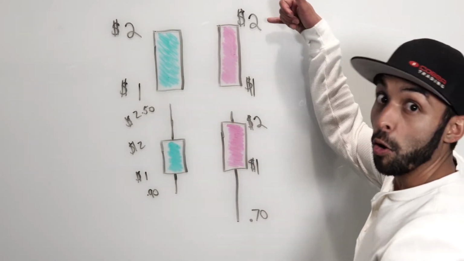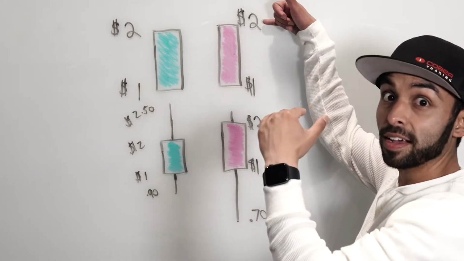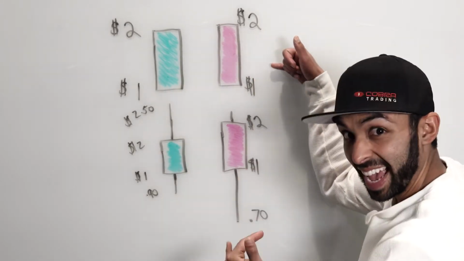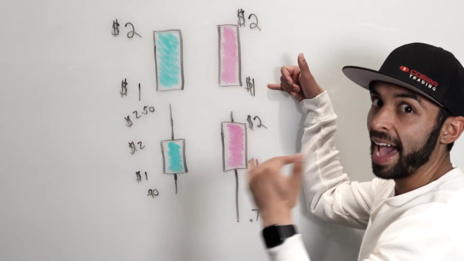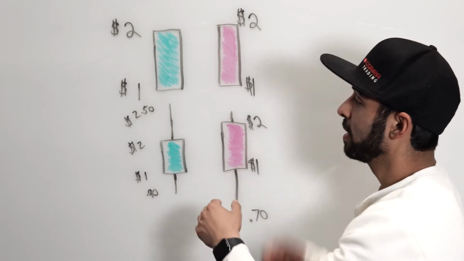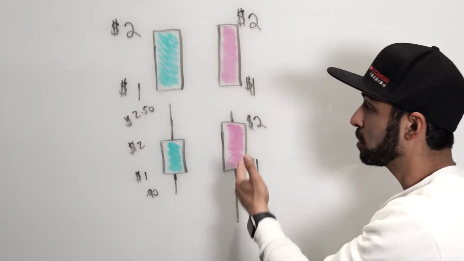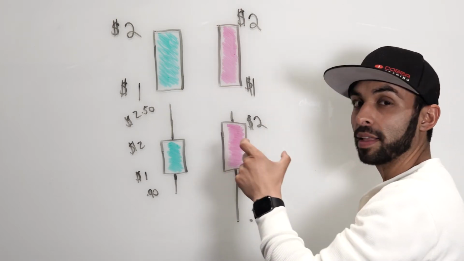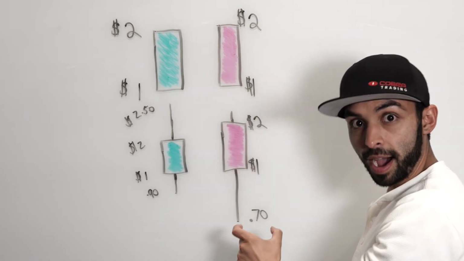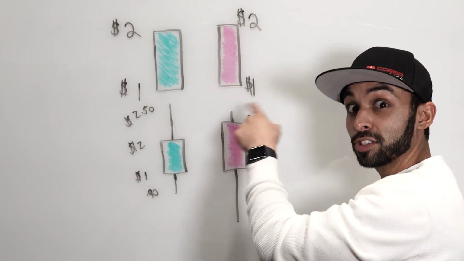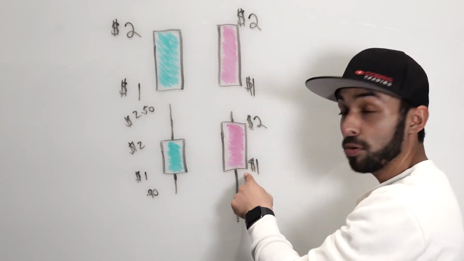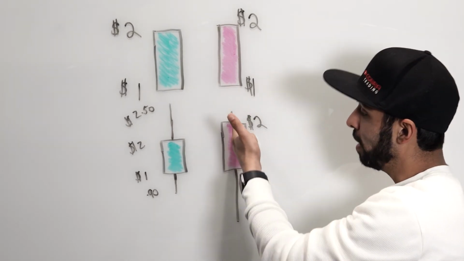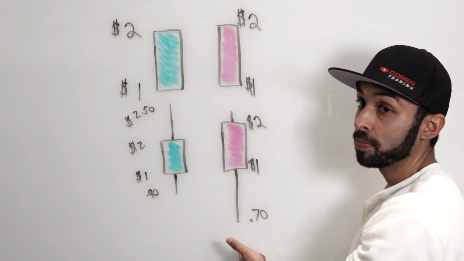In this example, it opened at $2, didn't go higher, just shot straight down. So it opened, tanked, and closed at $1, didn't go lower. Now, if you look at this red candle here with the wicks, remember, if it's a red candle, the open is on top, the close is on bottom. So it opened at $2. It closed at $1, but we see there's a wick above and a long wick below.